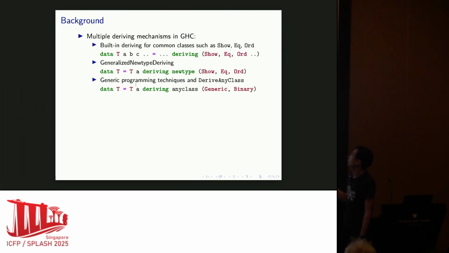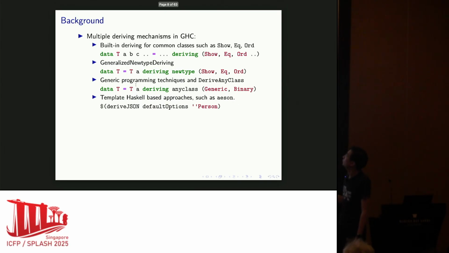So if you want to serialize this data type T, then you can derive the Generic type class and then write a Binary instance here. Then you will get encode and decode functions that can be applied to T. Also, there are Template Haskell-based approaches like the aeson library.